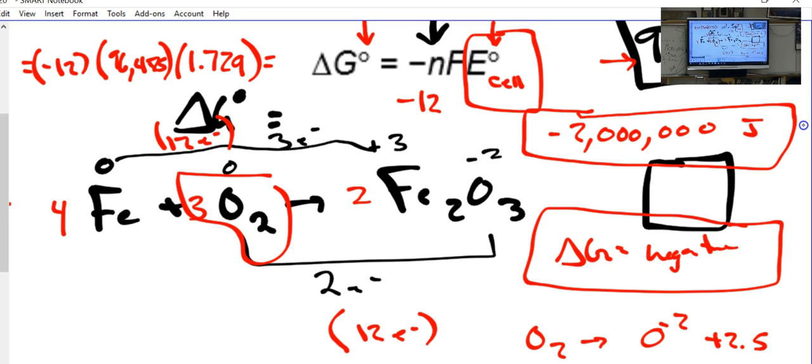We're just finding essentially whether it happens and what type of work could be done with it, which is slightly different from the amount of voltage. Now, I realized a few things in this problem. This would not actually work. This is not necessarily a reaction that would work well in an anode and cathode situation.